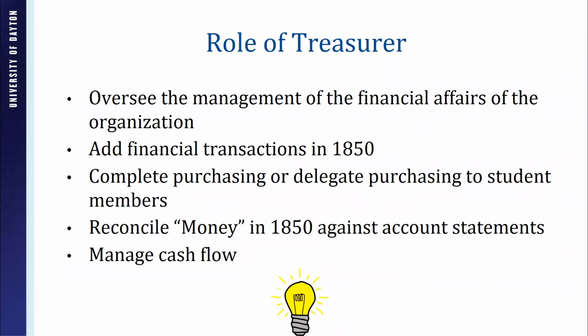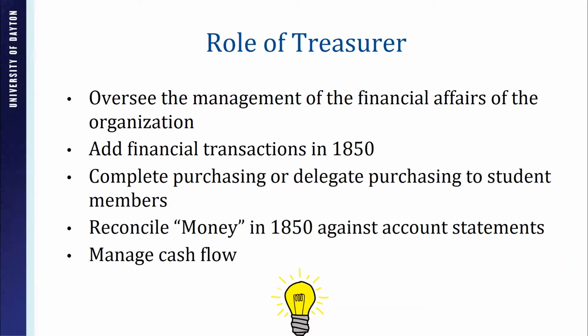As I mentioned earlier, all of the student organizations accounts live on the general ledger here at the University of Dayton. Unfortunately, the general ledger does not communicate directly with 1850. So it is the responsibility of the treasurer and the student organizations officers to make sure that all financial activity is reported in 1850.